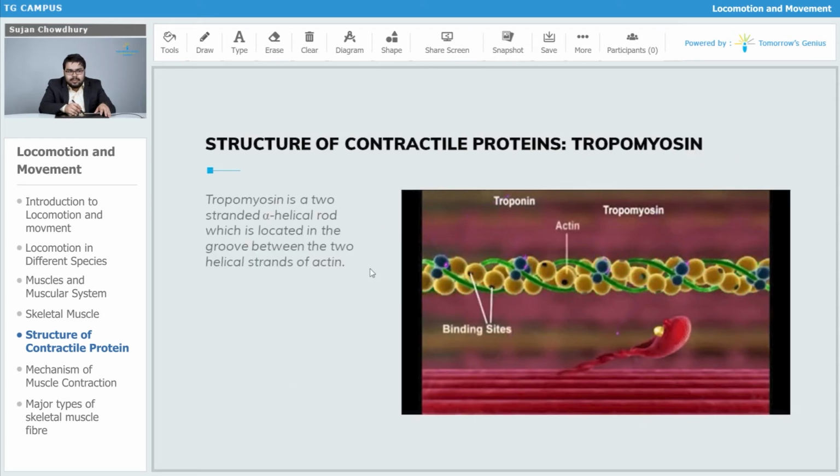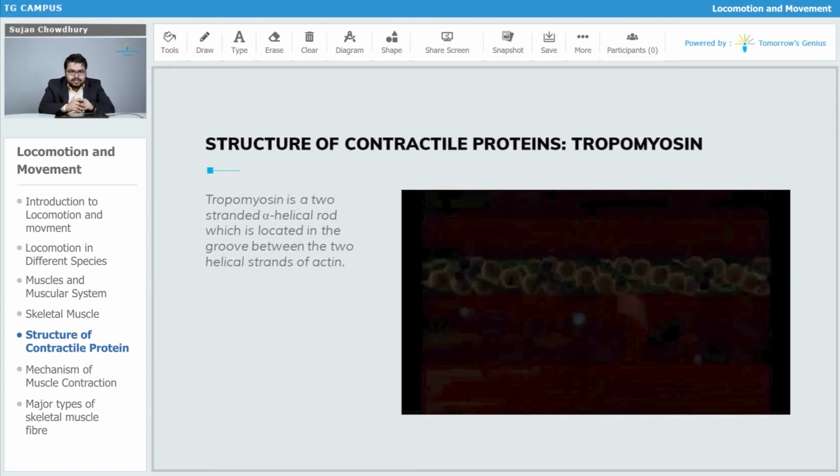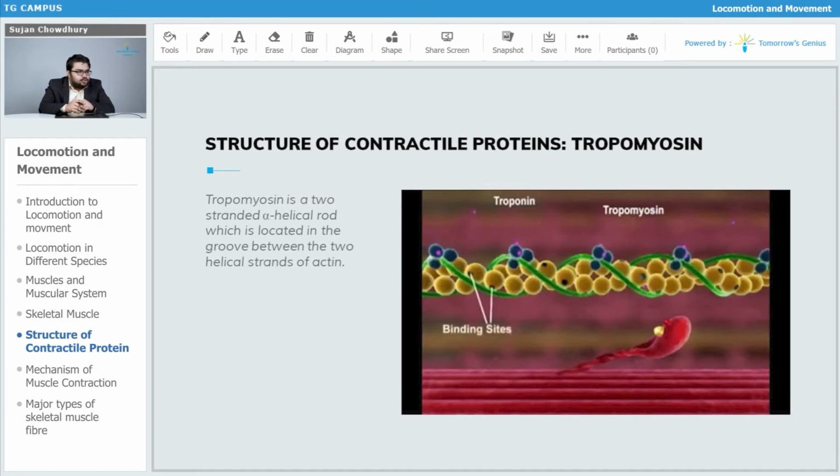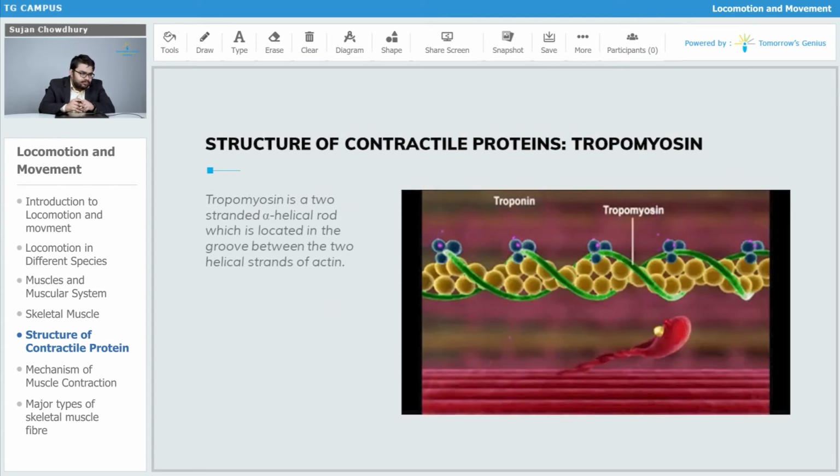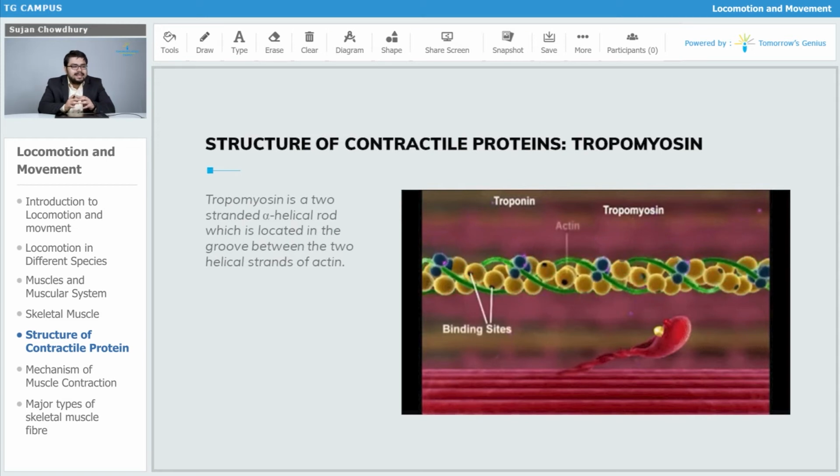Next, we will be talking about the tropomyosin. Let's see how significant it is for the muscle structure formation. So tropomyosin is a two-stranded alpha helical rod-like structure which is located in the groove between the two helical strands of actin.